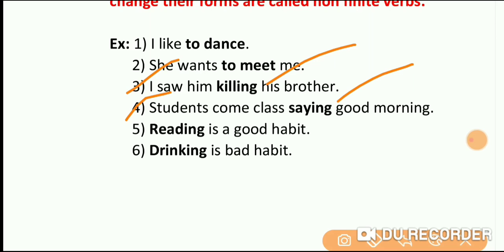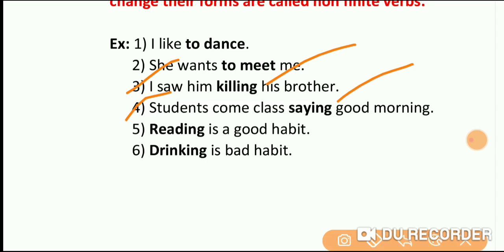I saw him watching TV. I saw him blaming his friend, like that. Students come into class saying good morning. Students come into class saying hi sir. Students come into class saying how are you sir. In this way, they will always have the ing form.